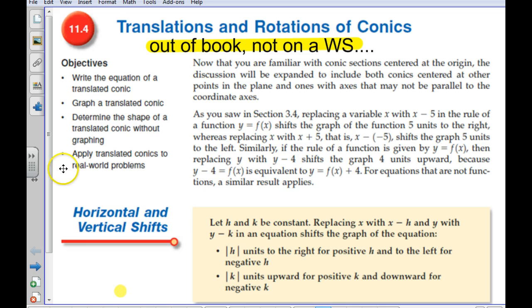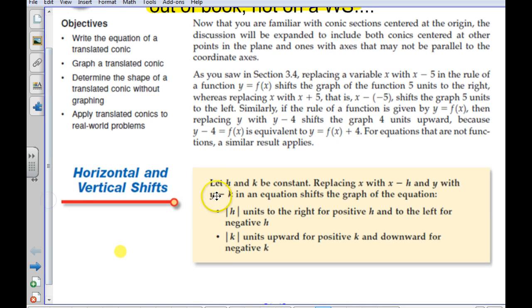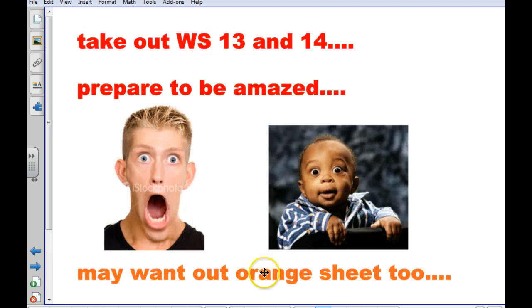You don't actually have this worksheet, but it does say here, if h and k are your shifts left or right, right if it's positive, left if it's negative, anytime you replace x with an x minus h, it just shifts. Anytime you replace y with a y minus k, it's just shifting.